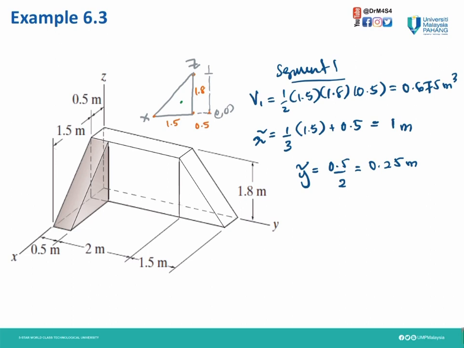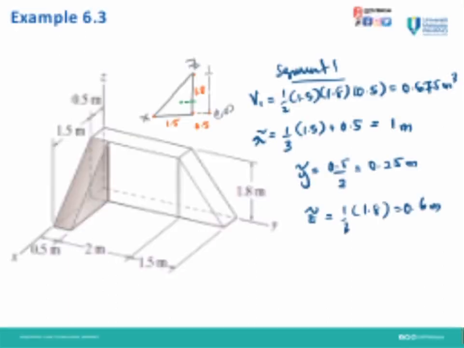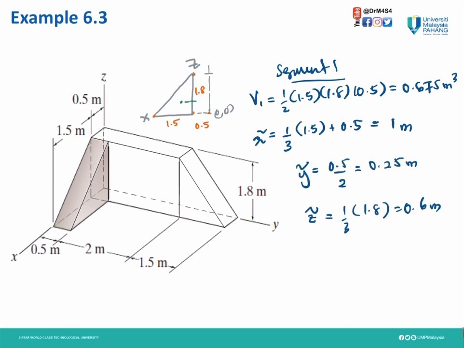Next, we need to identify our Y bar. That means on the Y axis, we look from here. Therefore, 0.5 divided by 2, we get the center line on Y bar is 0.25 meter. Then we need to find the centroid line on Z bar.